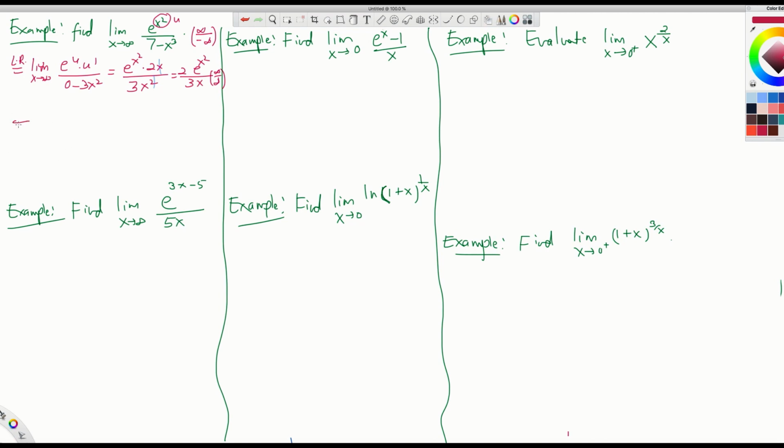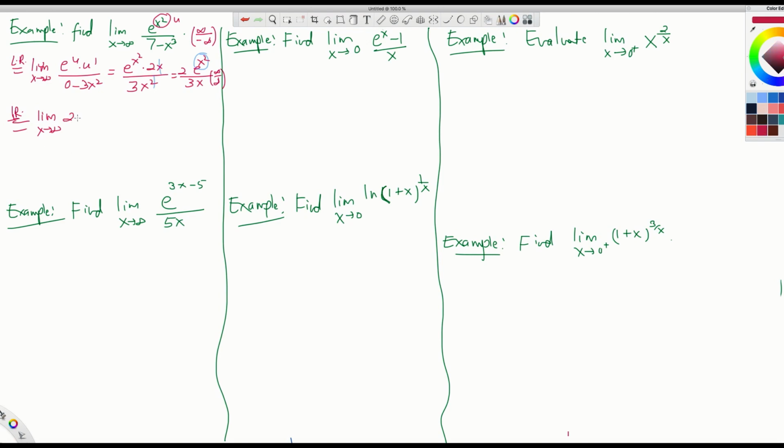So this is equal to L'Hopital's rule. I want to write down limit x tends to infinity. Again, you can take this as e to the u, right? There is a 2 in front, but there is e to the u. So you find the derivative of the top and the derivative of the bottom.